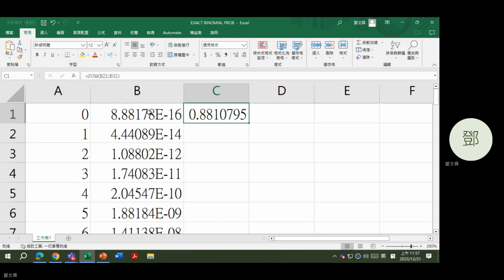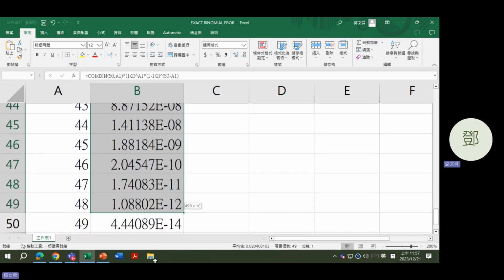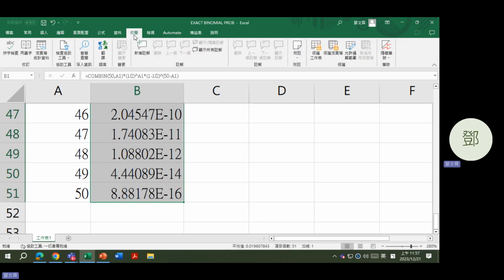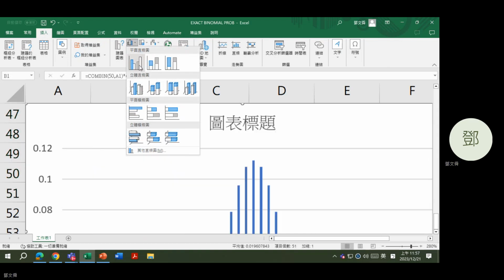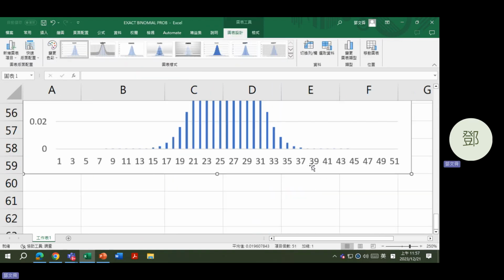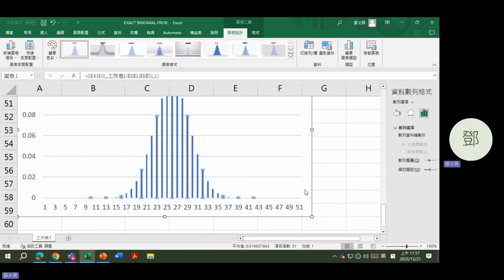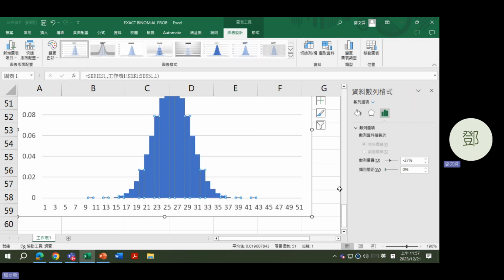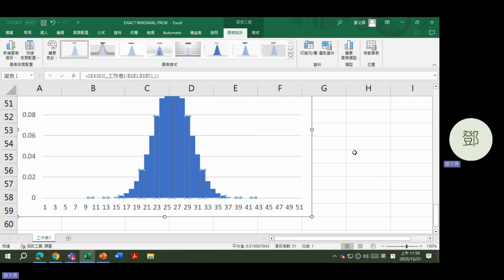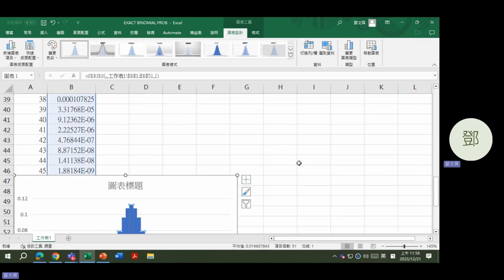Yep. Let me also use this to plot the binomial probability. This is why we can use the normal distribution to approximate the binomial probability. They are so close. Up here. You see this? This is the binomial probability. If you remove the space between the two bars, what did you see?